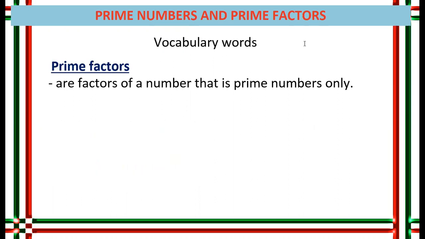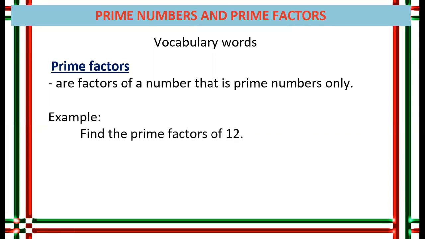Okay, so let's continue. So let's have an example. What are the prime factors of 12? So you're going to use a factor tree. Do you remember a tree? There are branches. So you have to write 12 first.